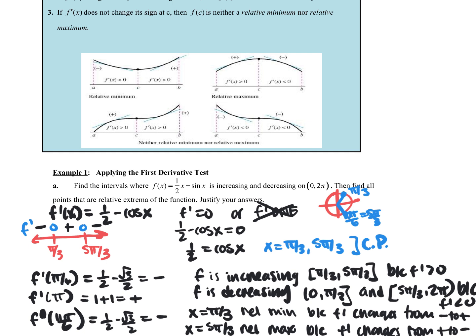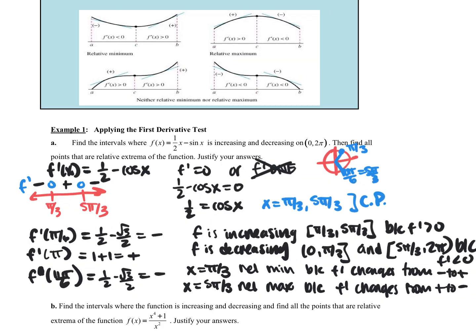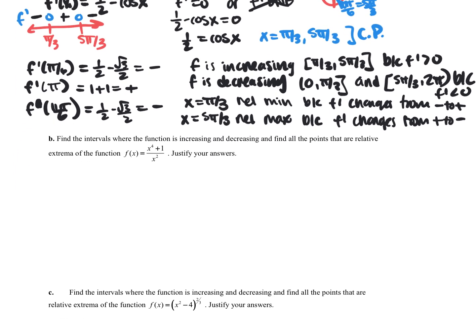All right, let's do a tricky one now. And that's what we're kind of focusing on here, some of the more tricky ones. We've done kind of the easier ones already, the polynomials.